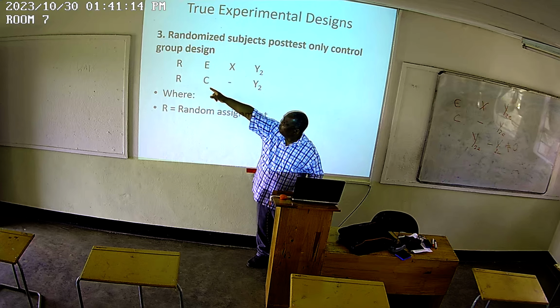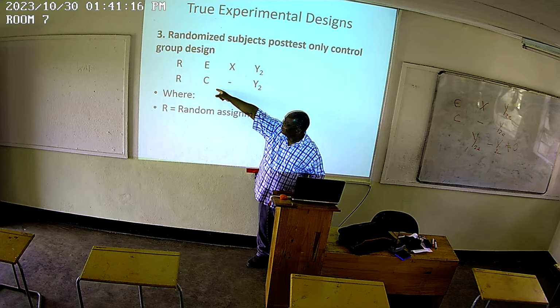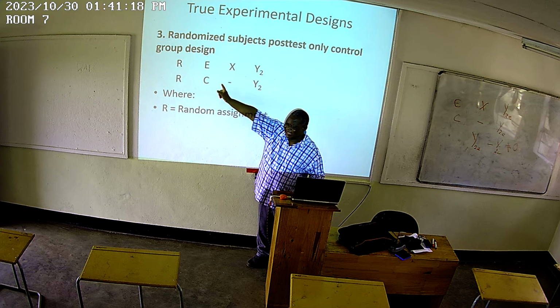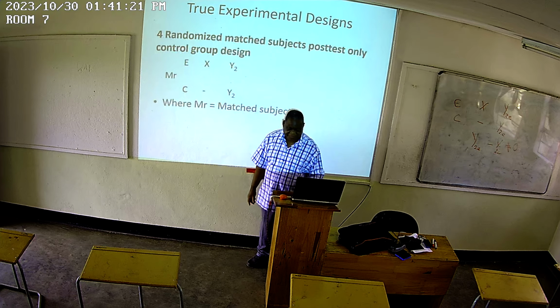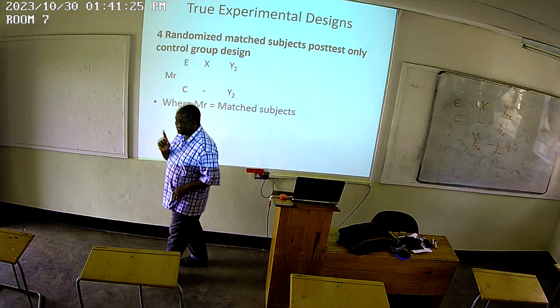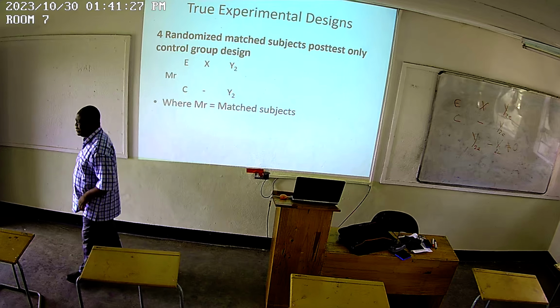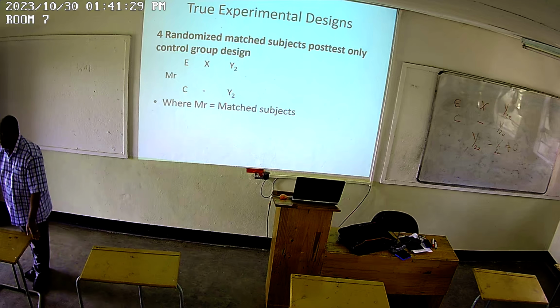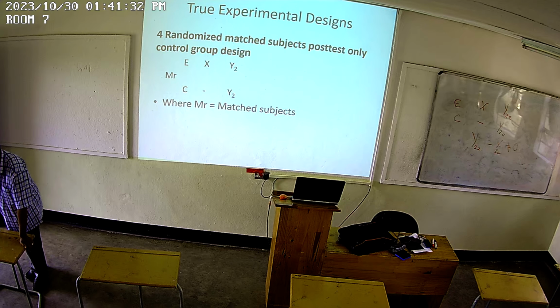Random assignment can actually be replaced by another type of assignment, if you as the researcher feel very strongly that random assignment alone is not going to be enough. I already know some of the differences among my subjects, and there are some subjects which are stronger in certain differences than others.